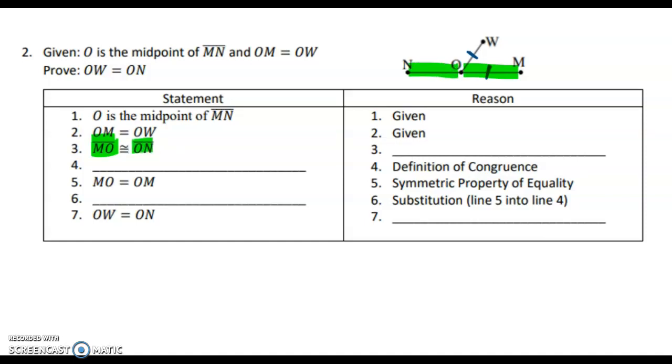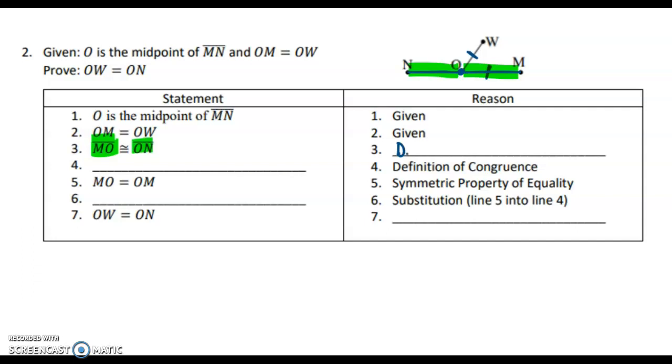Now, somewhere above this statement in lines 1 or 2, there had to be a reason for us to be able to say that. We can't just pull it out of thin air. So let's look at line 1. Line 1 said, O is the midpoint of MN. Well, that definitely would be right here. O is the midpoint of this line. That absolutely would let us say the two sides are congruent because it said midpoint.